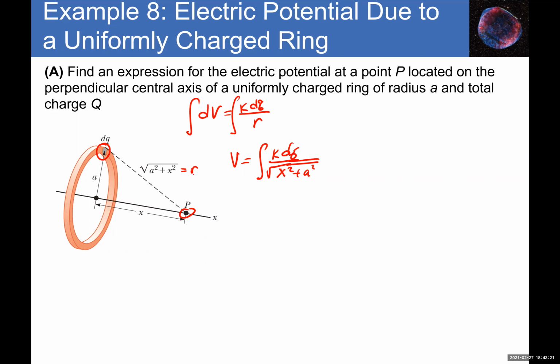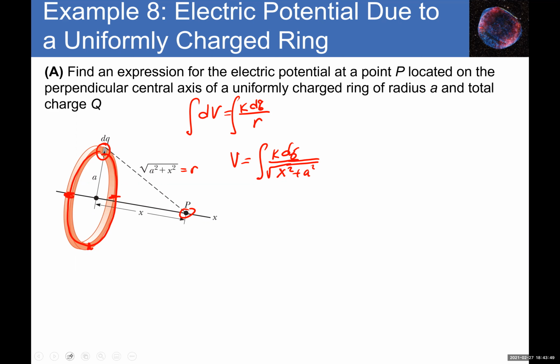Now, there are several ways we can solve this problem. Also notice that there is no sine or cosine, because there is no component to this potential. It's just a number. So think like this: as I go around this ring, there is another dq, another dq, another dq.